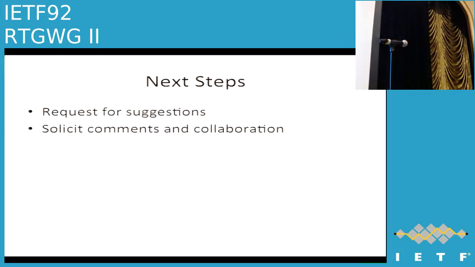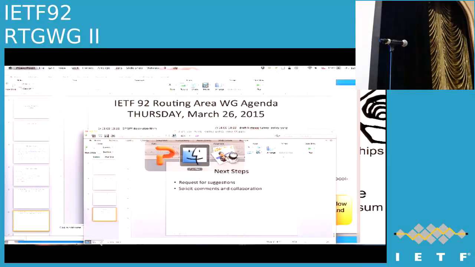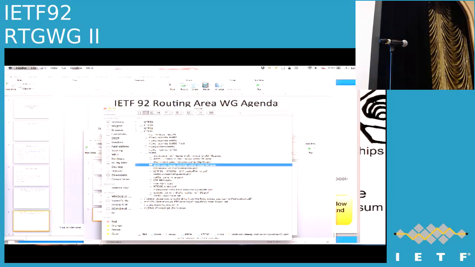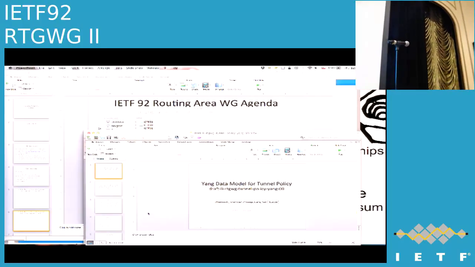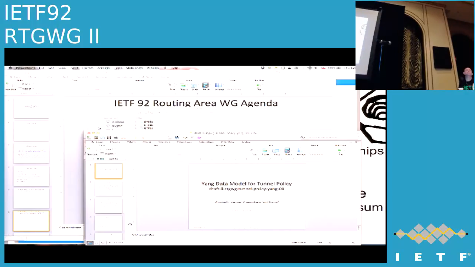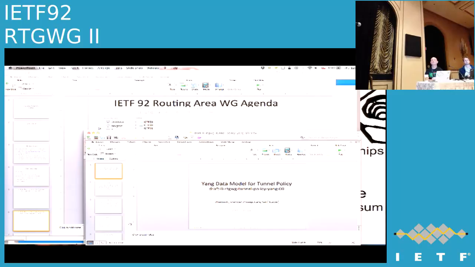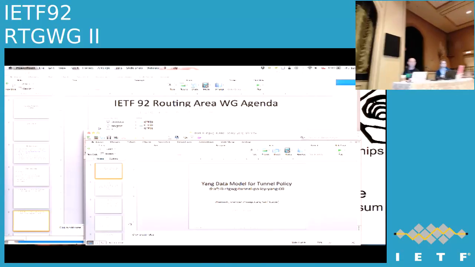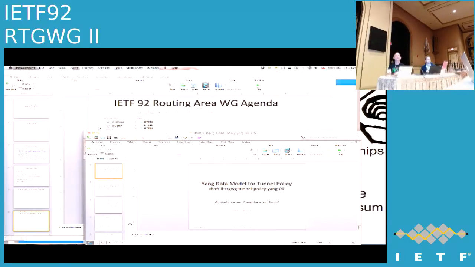Yang, this is a good reflection in your draft of an existing policy model that a lot of vendors use. So it would work from that standpoint, but based on the presentations two back, there's going to be another one.